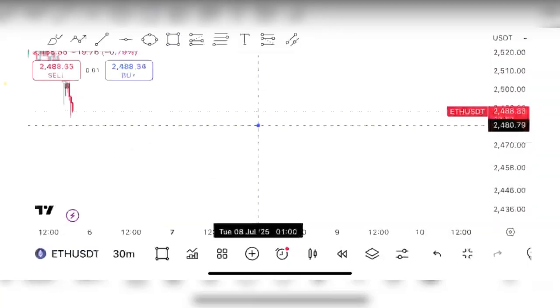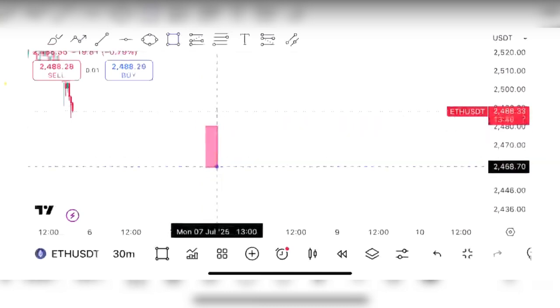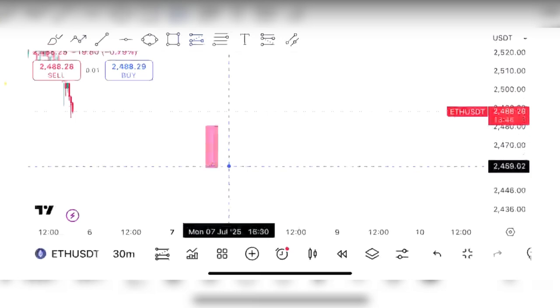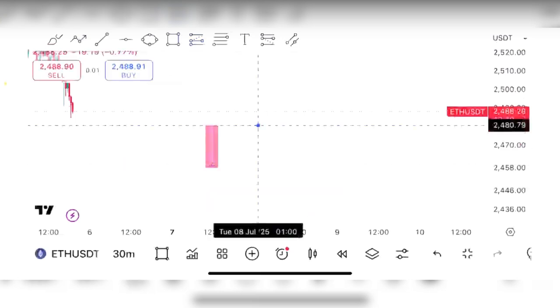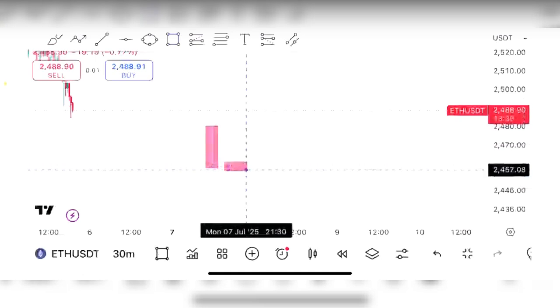This is how the evening star looks like. The morning star, sorry to say. You find something like this.